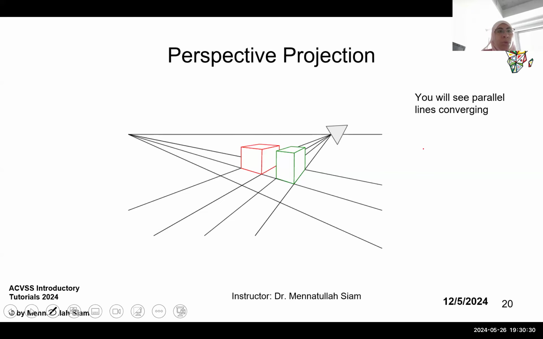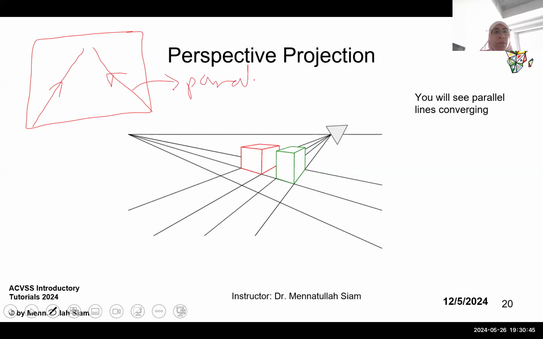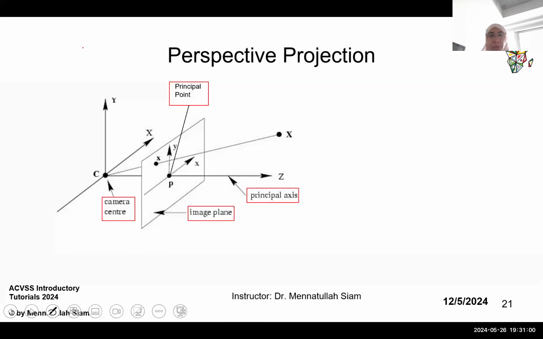For example, take this image of a road. I know that the road is parallel, right? I have some sidewalk here. These lines in real life, in 3D, are parallel. But they seem as if they are converging because of the perspective effect. So you will start to get lines that converge, and that's part of the perspective projection.